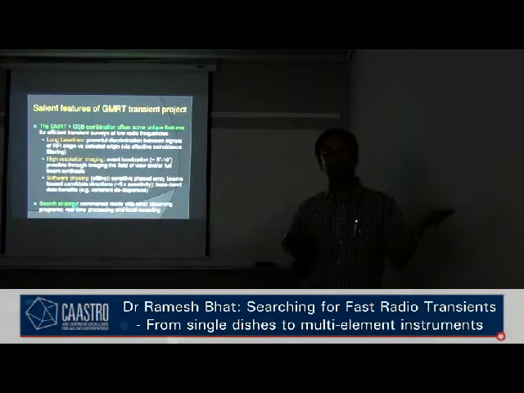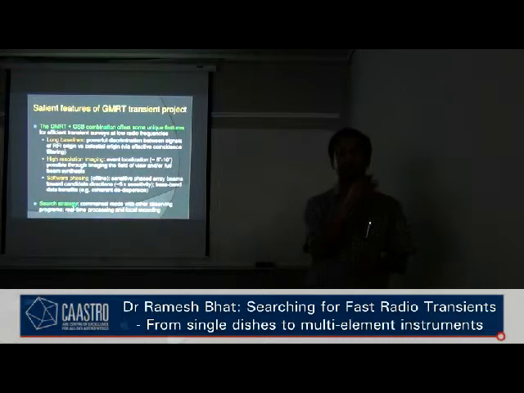You have the advantage that you can capture the data, go and image it, and see if it is something from the sky, because it's very difficult for terrestrial RFI to mimic a point source or some sort of sensible source in the imaging.